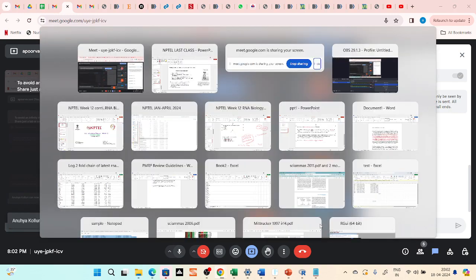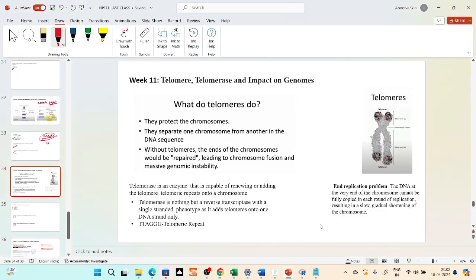Then in week 11, what have we studied? In week 11, we have studied about telomeres. So what are telomeres? Telomeres are basically the repeat sequences which are there to protect the ends of the chromosomes.